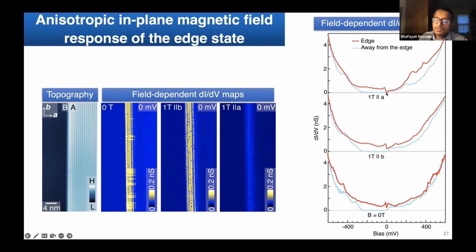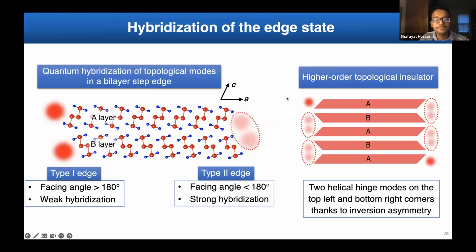So this is because when the magnetic field is parallel to the edge, it just shifts the edge state in momentum space. So it does not gap out. But for the perpendicular case, there is a small gap that develops. So this is again all consistent with the time reversal symmetry breaking nature of the edge state.